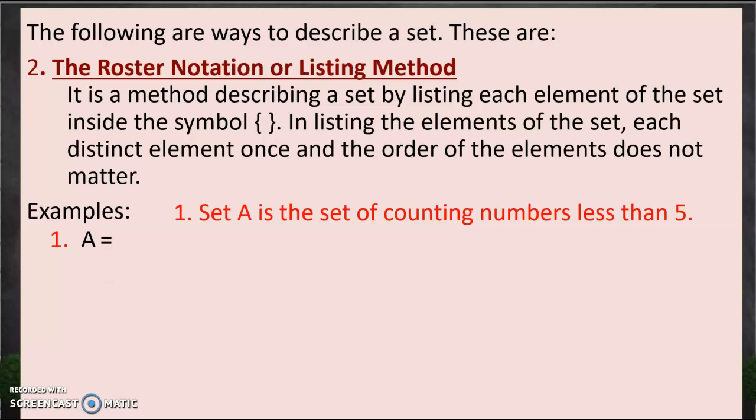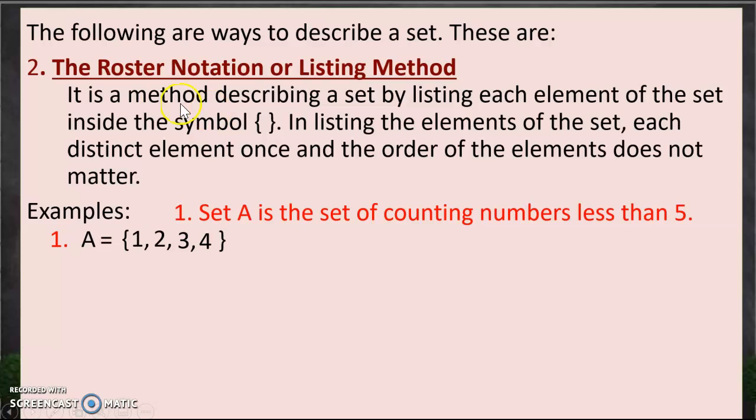Then the elements are enclosed by curly braces: counting numbers less than 5, so we have 1, 2, 3, and 4. 5 is not included because of the words less than.